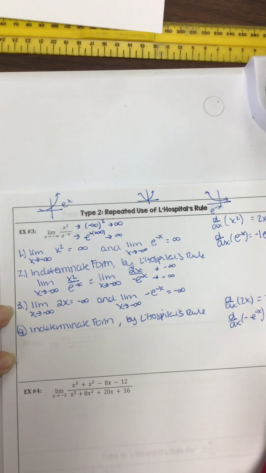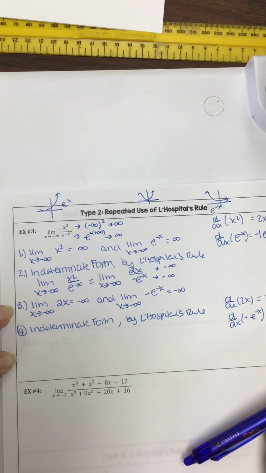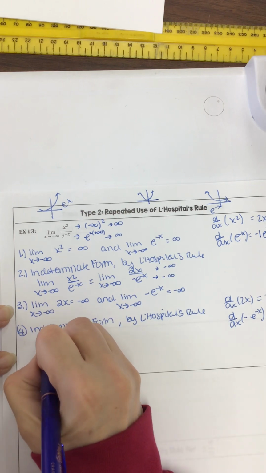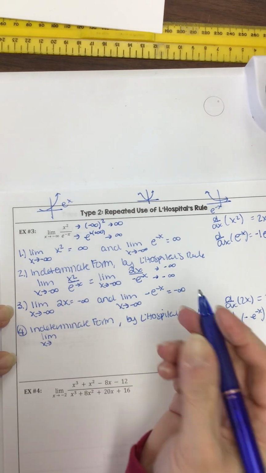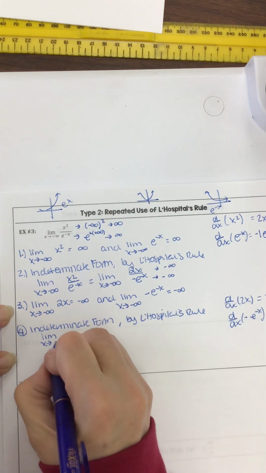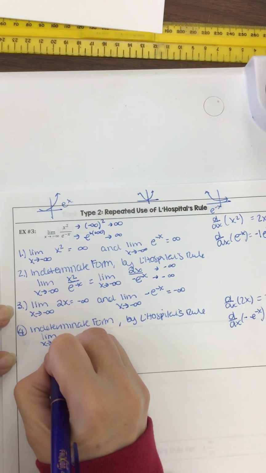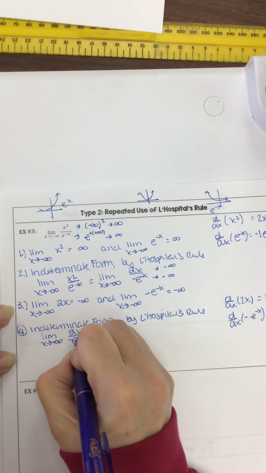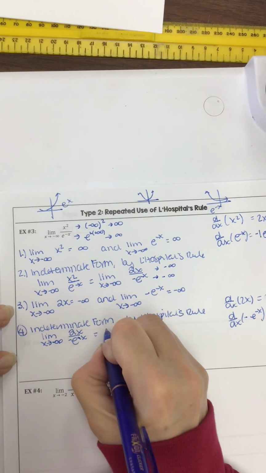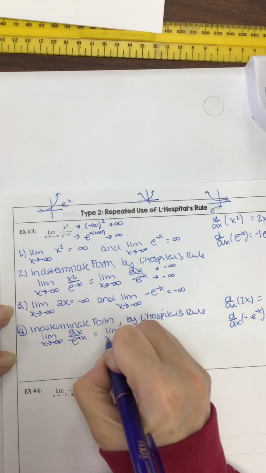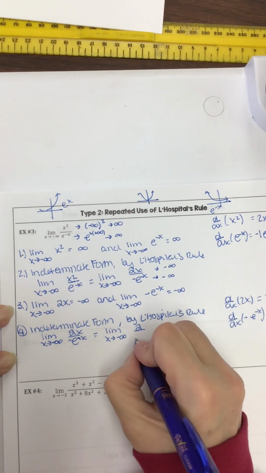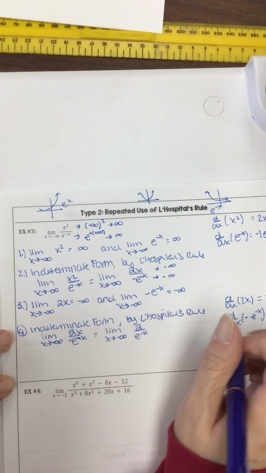Yes, it just means positive e to the negative x. So the limit as x approaches negative infinity of 2x over negative e to the negative x equals the limit as x approaches negative infinity of 2 over e to the negative x.